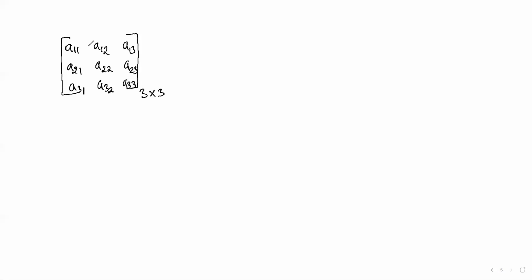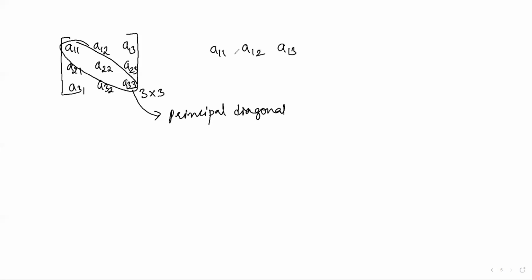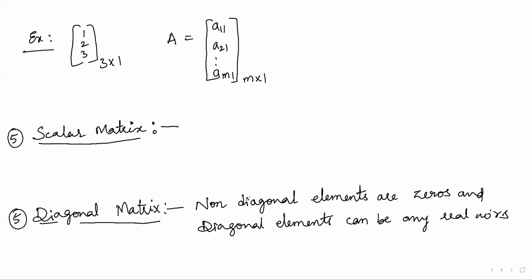This is called the principal diagonal, and A11, A22, A33 are called diagonal elements.